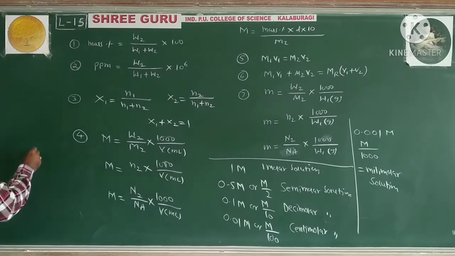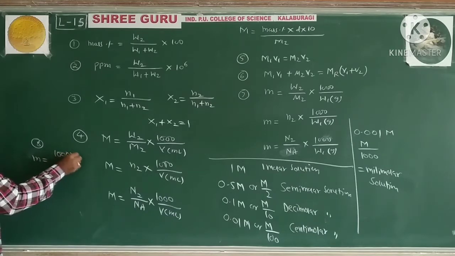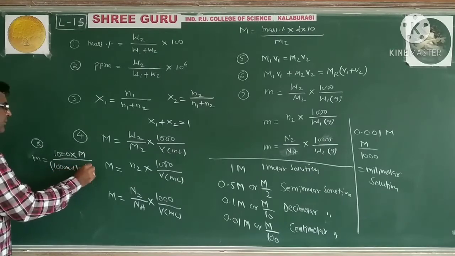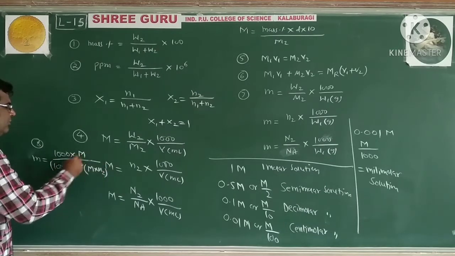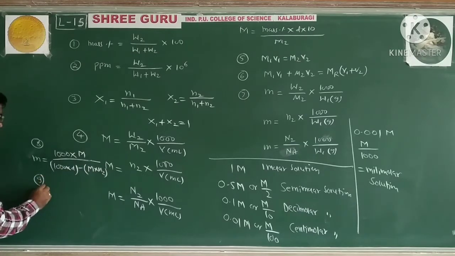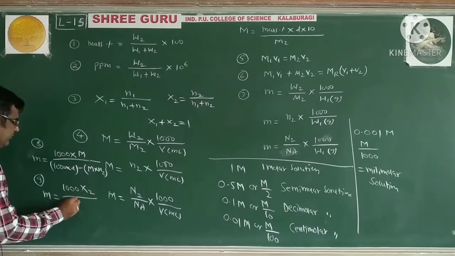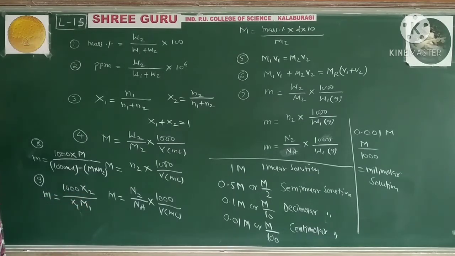I will take one here: small m equals 1000 into molarity, divided by 1000 into density minus molarity into molar mass, and the 9th one, 1000 into x2 by x1 into M1. So these are the various formulas we are dealing with.